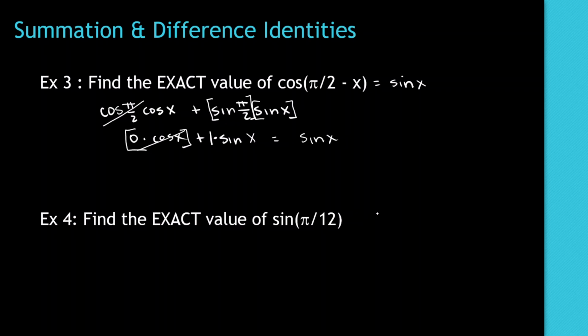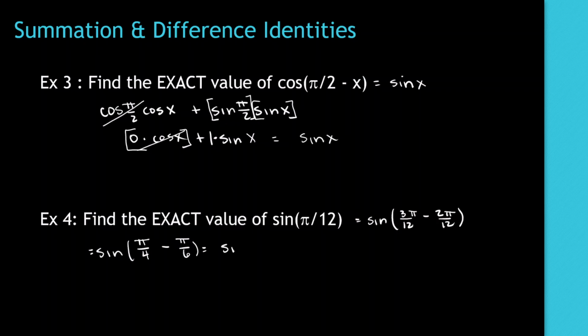So pi 12ths, again, we could write sine of pi 12ths as 3/12 minus 2/12. 3 minus 2 is 1. Okay, now that reduces to 3/12 would be a fourth, and 2/12 would be a sixth.